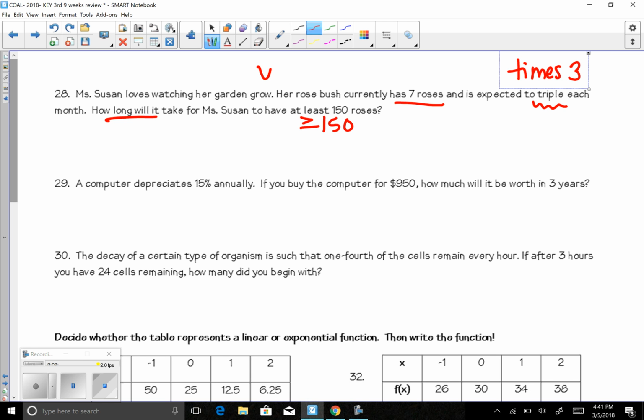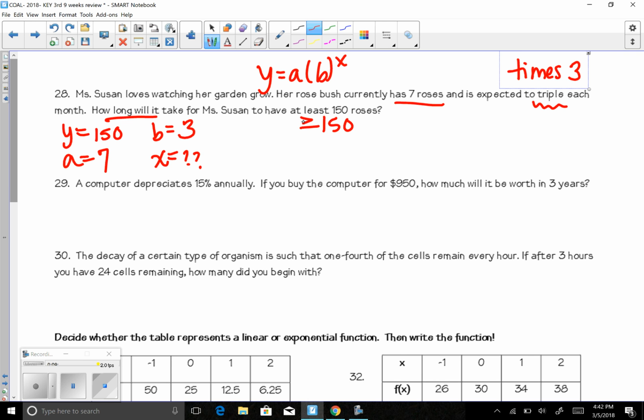All right, when we're tripling, that's a times b to the x. We're not increasing or decreasing by a percent. So I need to know y, a, b, and x. Well, my question says how long, so that's implying time. So I go back. She currently has 7 roses. That's her start. And we're tripling. That's multiplied by 3. And we want to know when will she have at least 150. That's when we're going to end there.